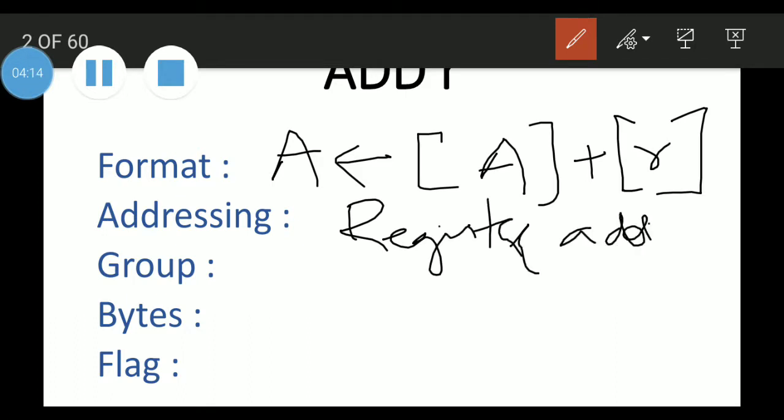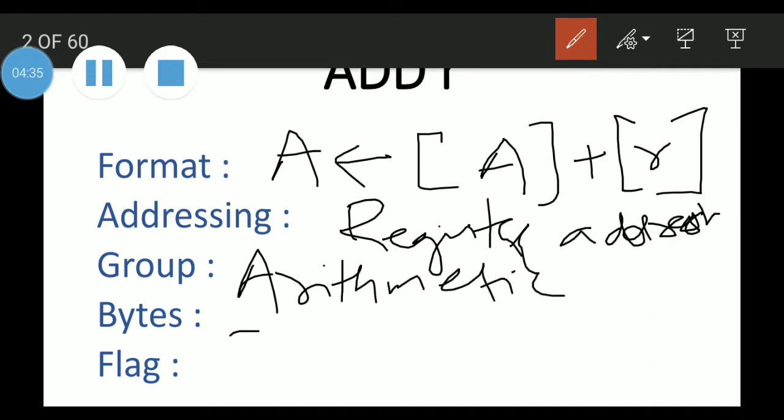The group this instruction belongs to, since we are dealing with the arithmetic group, is the arithmetic group. This instruction is a 1 byte instruction. Flag: in this instruction, all the flags are affected.